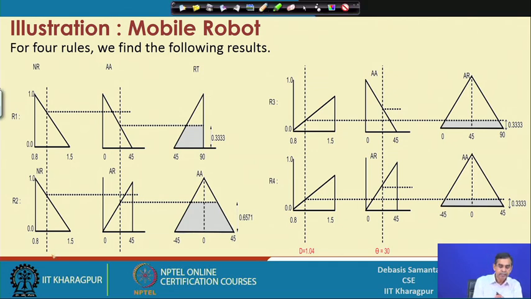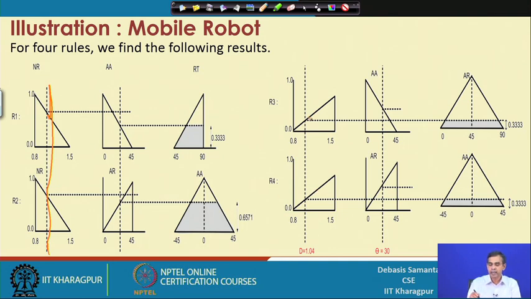Here, this is the input for the distance, and this is the input for the angular orientation, and this is the output regarding the orientation, RT and A. If this is the distance x, it will cut the value here for NR, for rule 1, and this is NR for rule 2, and this is distance 1.0 for rule 3, and this is distance NR for rule 4.